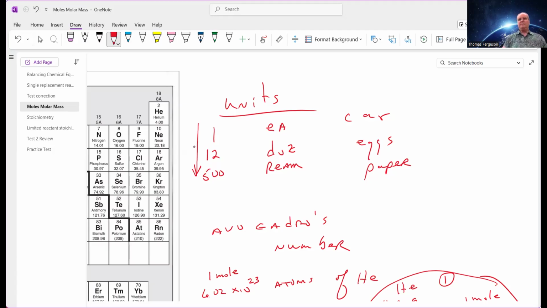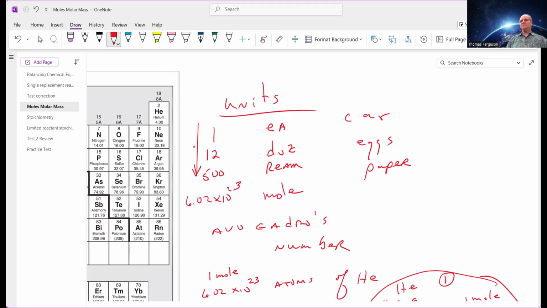So let's talk about atoms now. Are they small? Yes, you should all say yes, Ferguson, they're really small, really small. Let me show you how small. Ten to the 23rd.